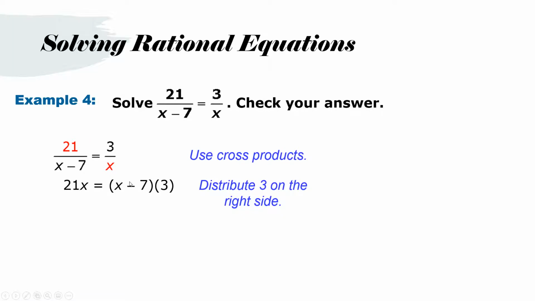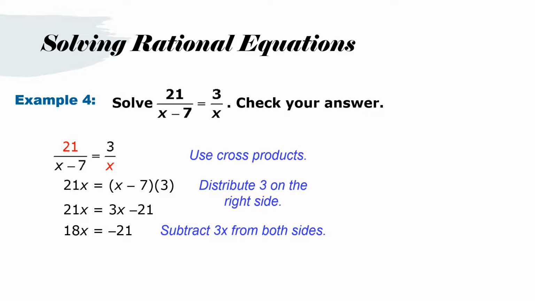Then we have 21x equals 3 times x, that's 3x. 3 times negative 7 is negative 21. So we have 21x equals 3x minus 21. Then subtract 3x from both sides. The answer is 18x equals negative 21.